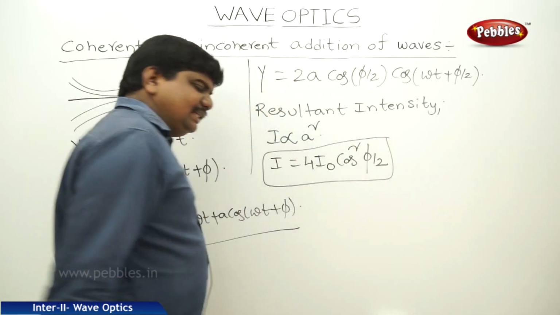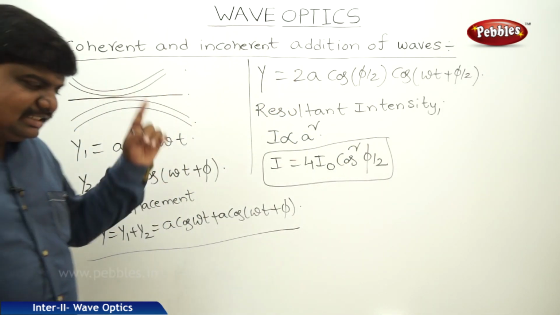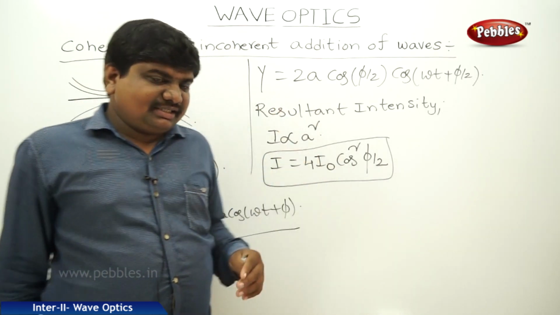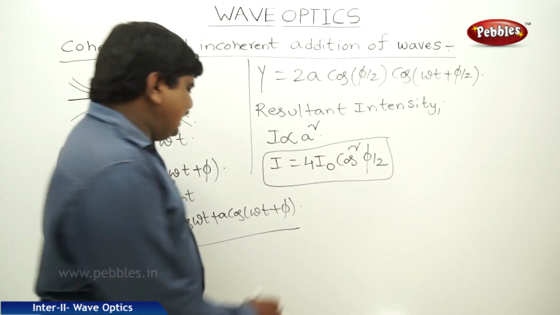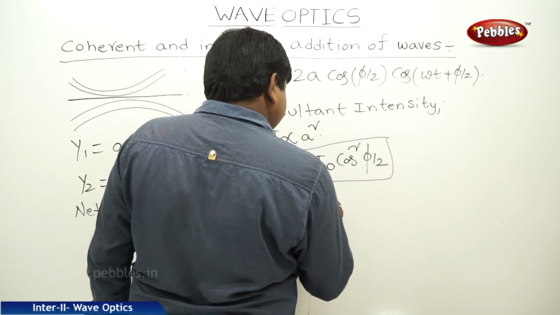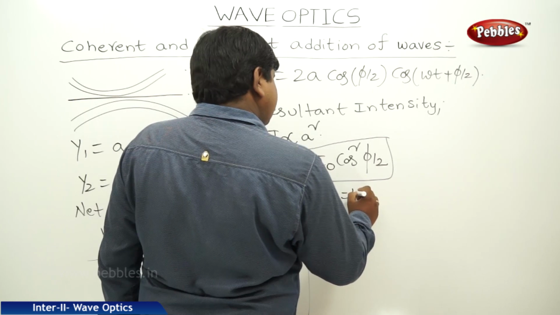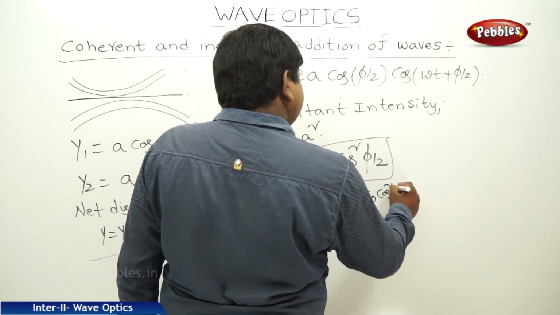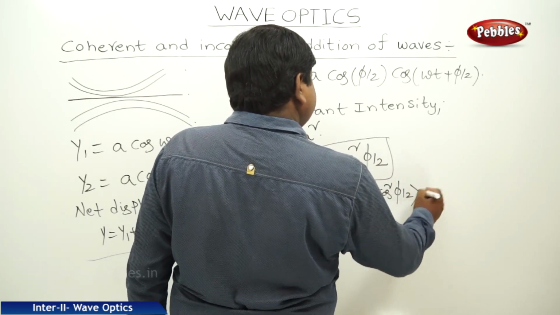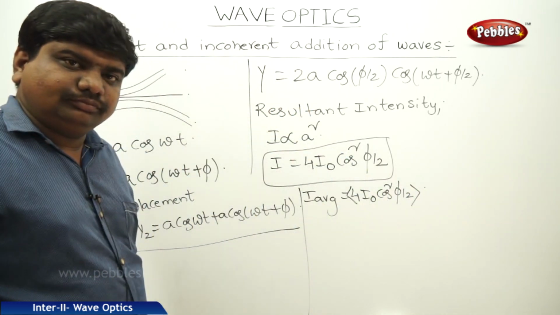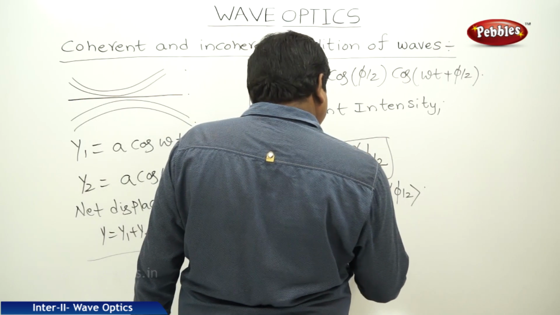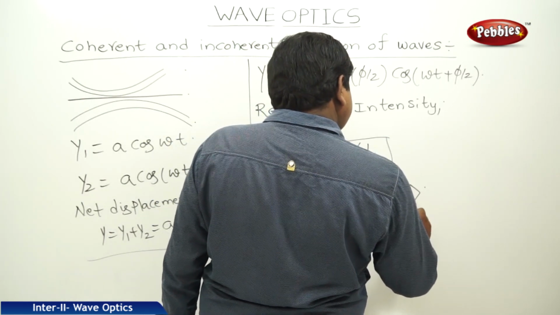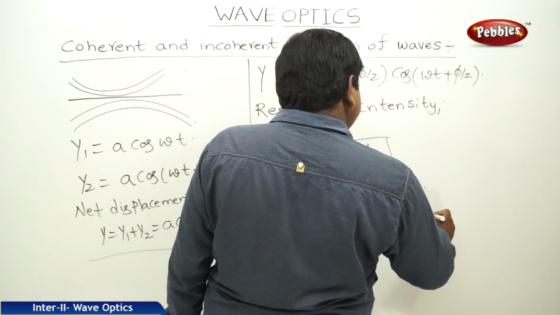Now we should find the average intensity per band, that is, for the dark and bright fringes. So I average is equal to the average of 4 I naught into cos square phi by 2, so 4 I naught into the average of cos square phi by 2.